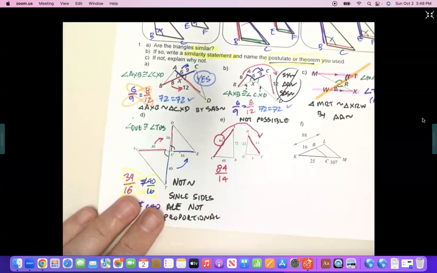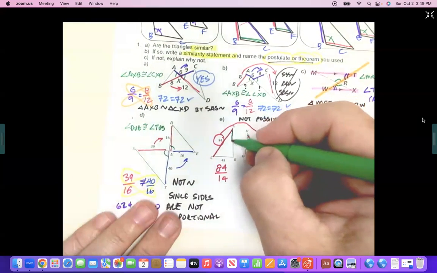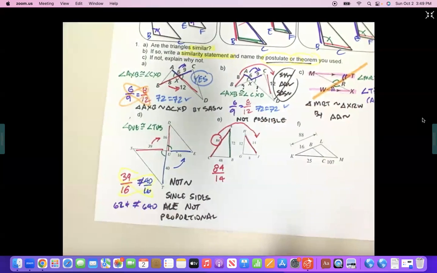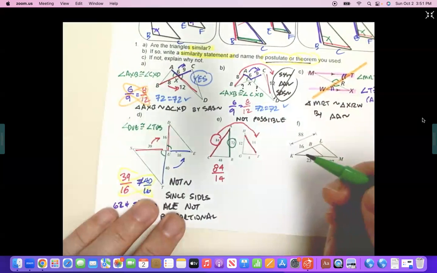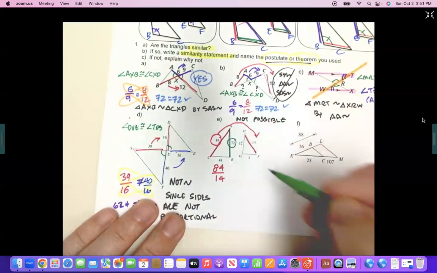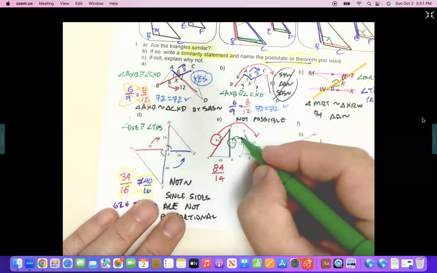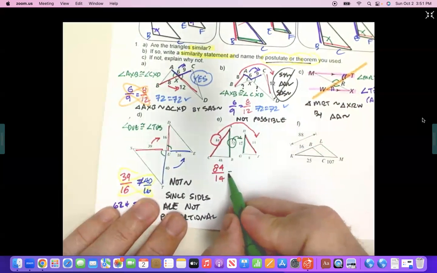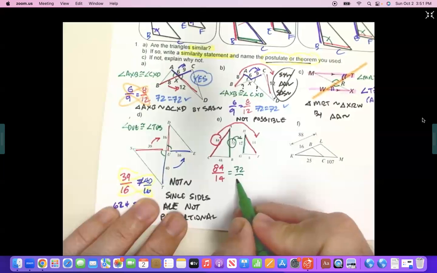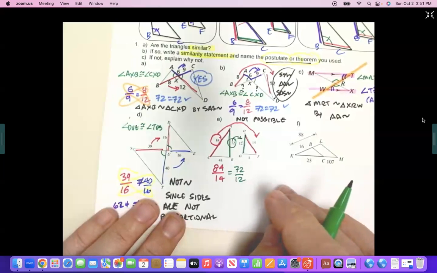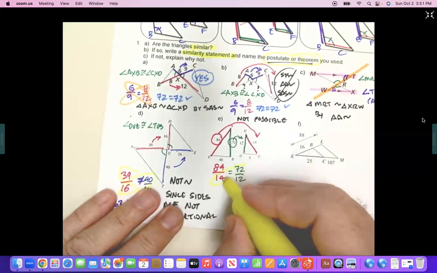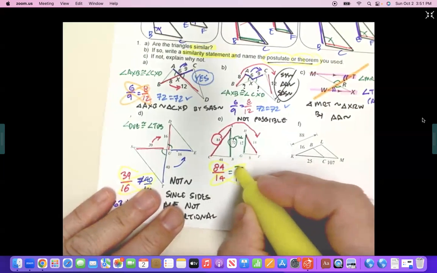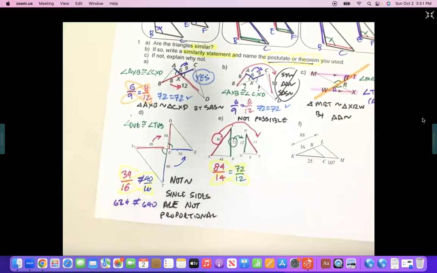And then just to give myself a plan of attack, I'm going to go with the next largest number, 72, find the largest between these. 12 is definitely larger than 8, and compare those two. So this would be 72 is to 12. Then we're going to do a quick cross product here, 14 and 72, and 84 and 12.